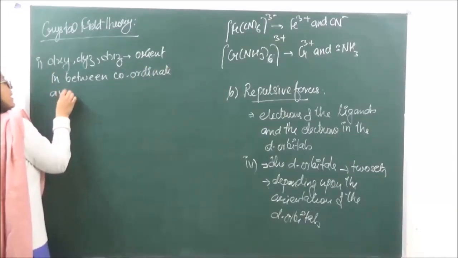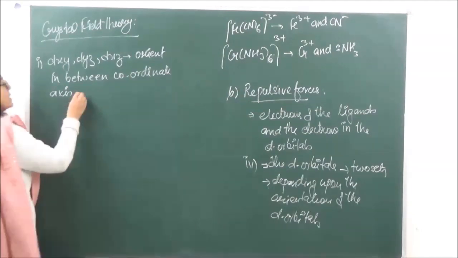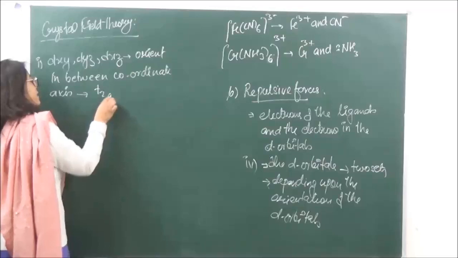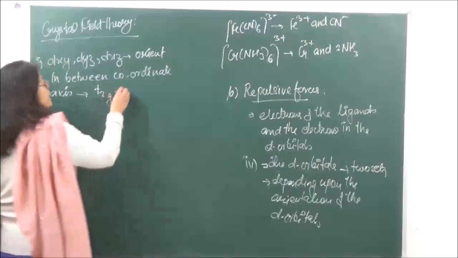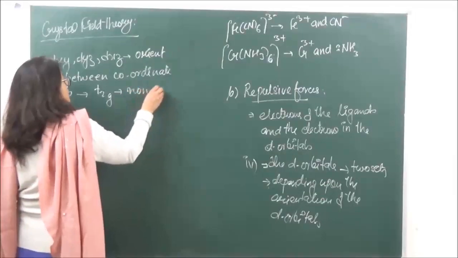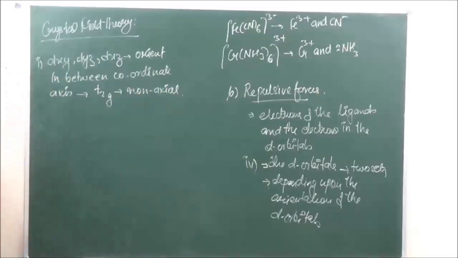They are going to be x, y and z, right? In between the coordinate axes, and these are said to be t2g orbitals, right? Now these orbitals are going to be non-axial in nature.